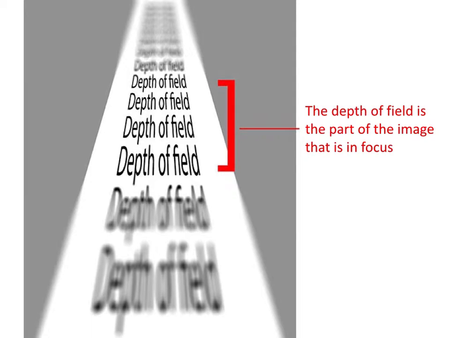A camera's aperture setting is also what determines a photograph's depth of field. Depth of field is the amount of subject matter in front of and behind your plane of focus that appears to be in focus. Depth of field is important to the quality of your image.